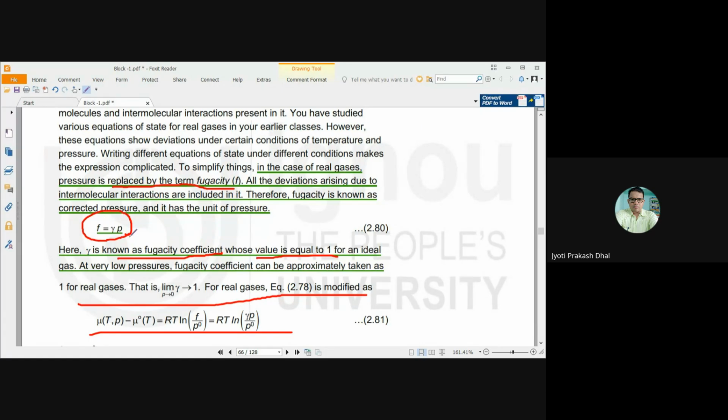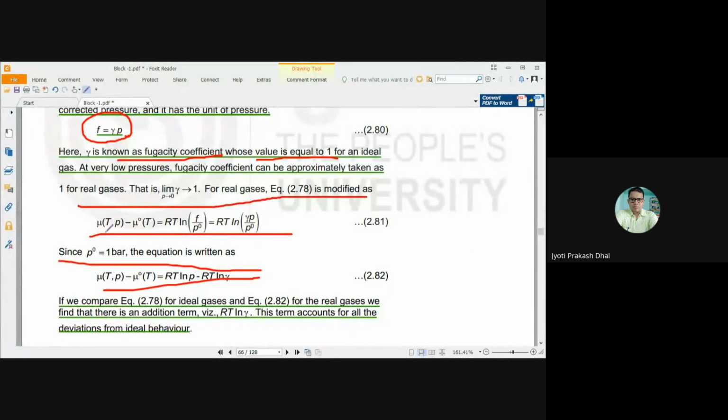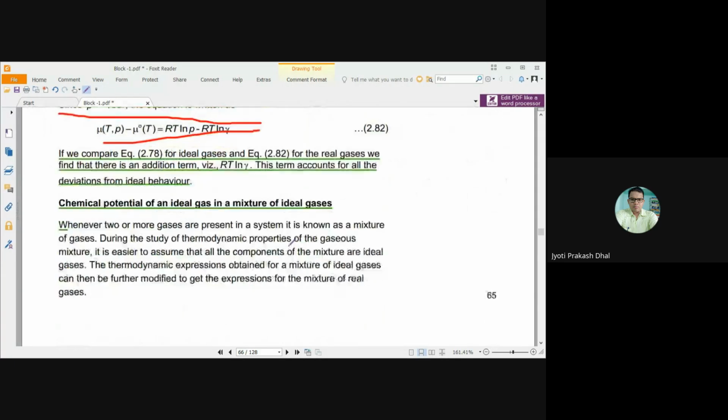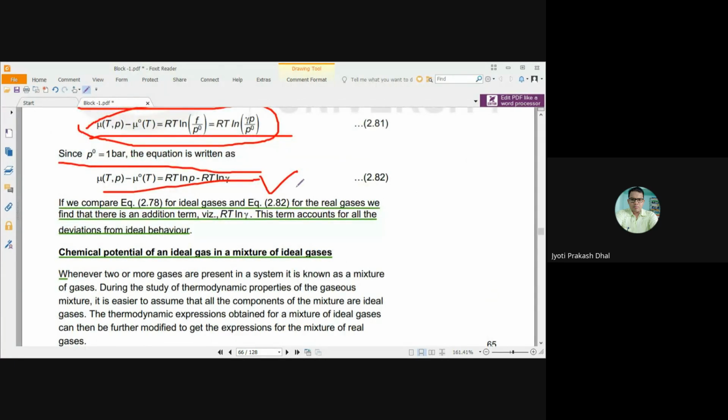That means for an ideal gas, fugacity f equals P. That's why for an ideal gas we use the term pressure, but for a real gas, pressure cannot be applied; you have to use the term fugacity. So by using fugacity, gamma P, in place of pressure, the above equation can be written like this.